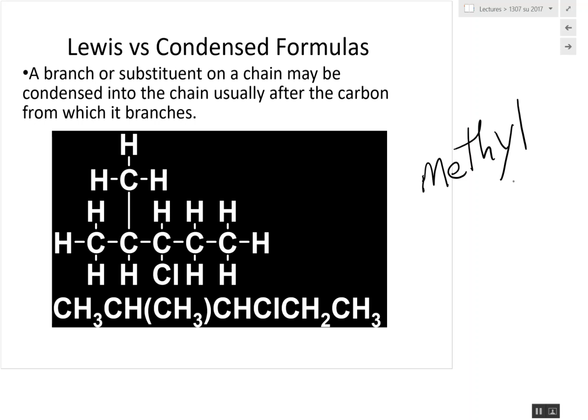Then we get to this next carbon. It has a CH and a Cl. Now I don't need parentheses around this Cl because that's just one atom, but the CH3 is 4 atoms, so I need parentheses around it. It's a group attached to this carbon. And then we've got a CH2 group, and then a CH3 group.